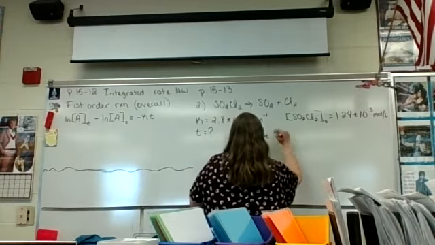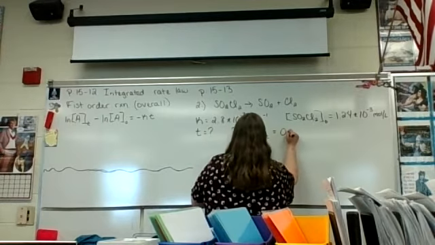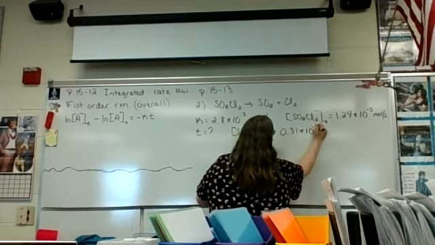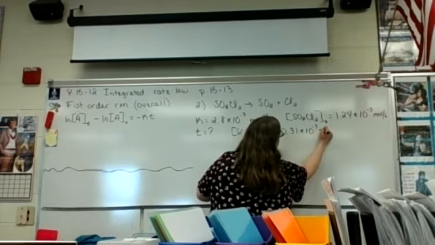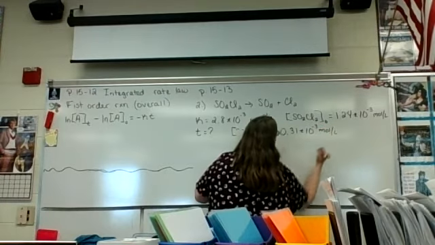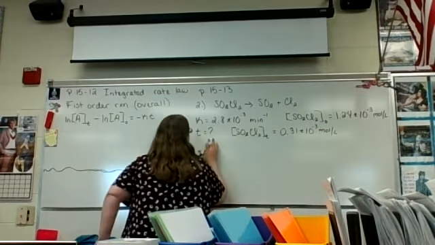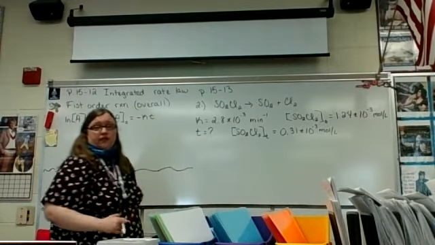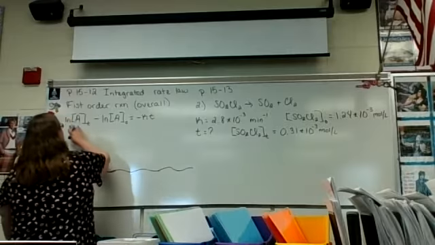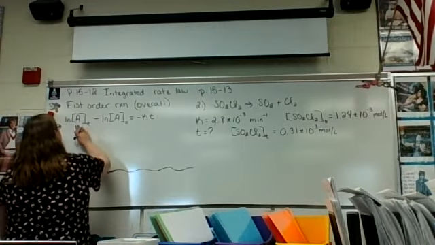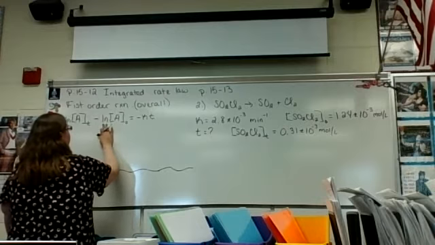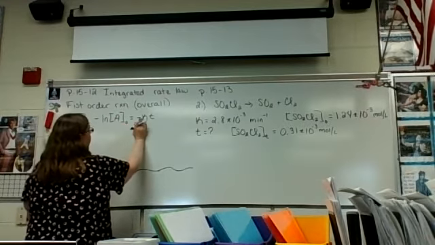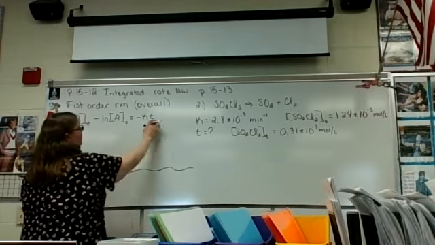How long will it take for the concentration to drop to 0.31 times 10 to the negative 3 moles per liter? So we're going to use the integrated rate law. Natural log of the concentration at time t minus the natural log of the concentration initial is equal to the negative rate constant times the time.